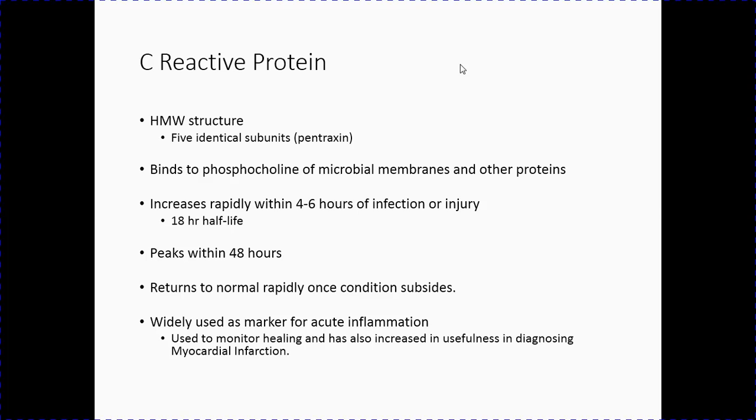If you have an ongoing form of tissue damage, then the C-reactive protein levels remain pretty high in the serum. But if it peaks after 48 hours and then returns another 18 or 20 hours after that, then the tissue damage has subsided. So we use C-reactive protein as a marker for healing, and for acute types of inflammation.